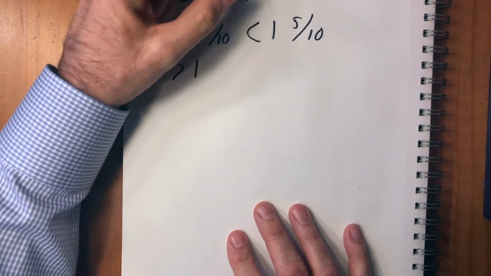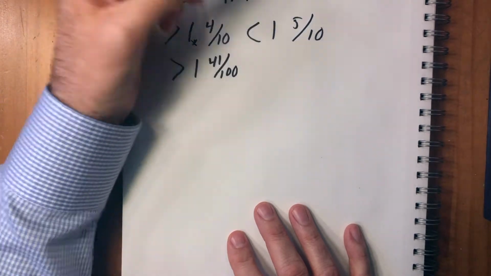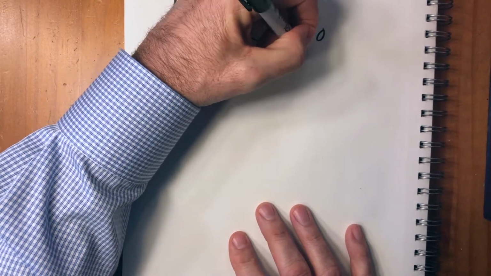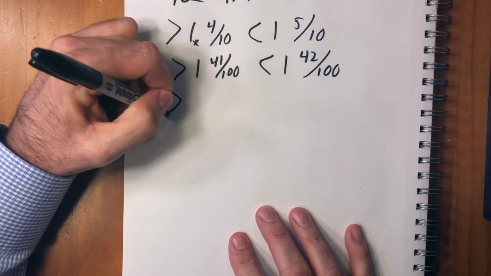It's bigger than 1 and 41/100ths, smaller than 1 and 42/100ths, and so on.